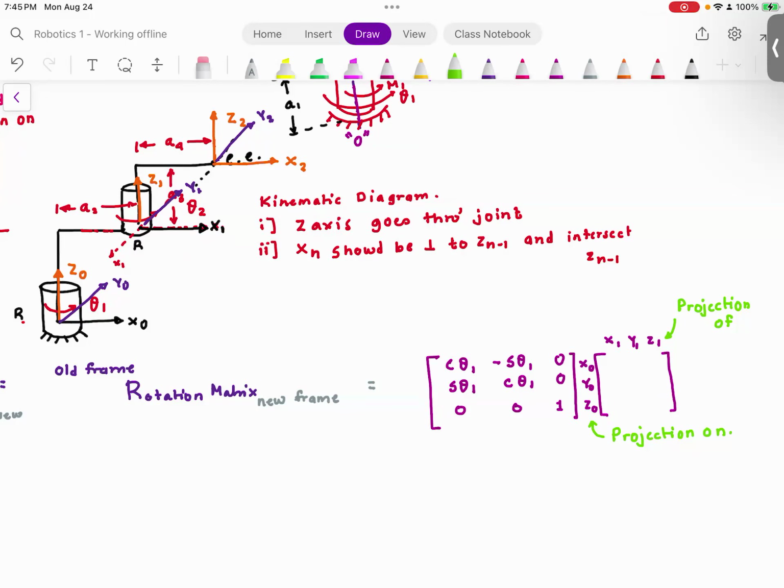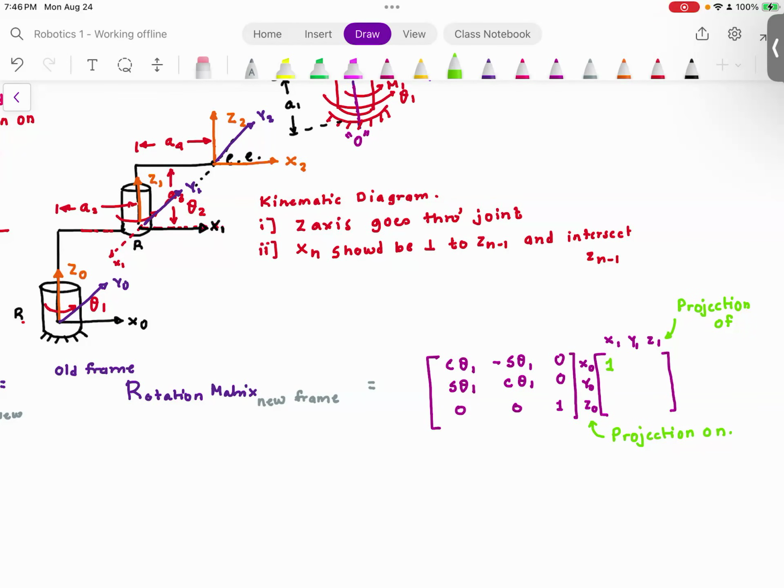So what is the projection of x1 onto x0? Can you see x1 and x0 are in the same direction, which means this would be 1. What is the projection of y1 onto x0?